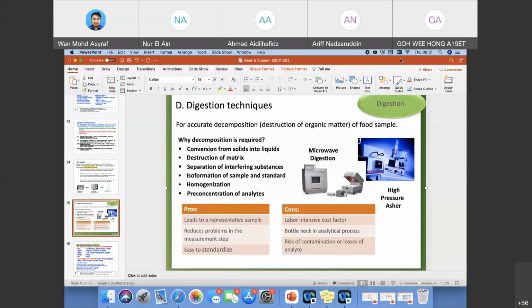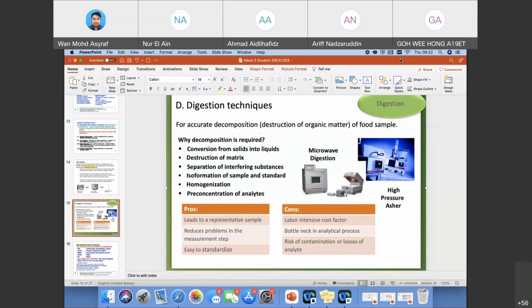Even though it is a clear liquid, you cannot just aspirate all of that 1 liter of river water into your instrument.